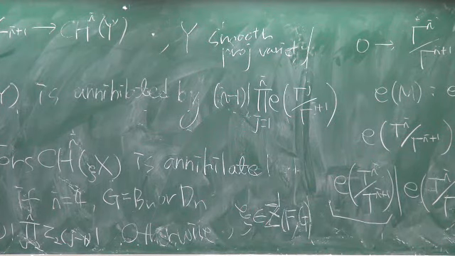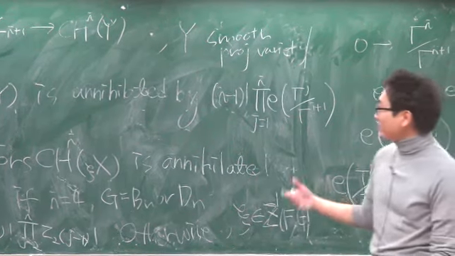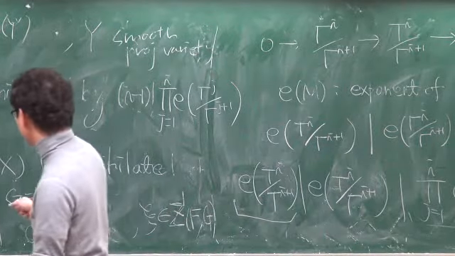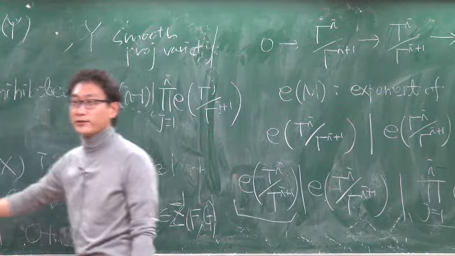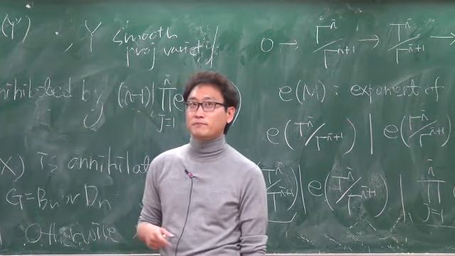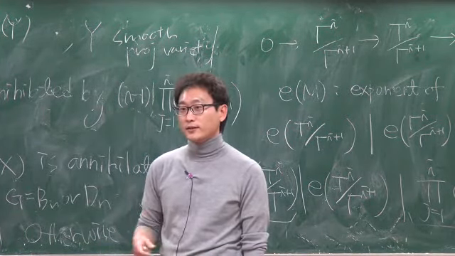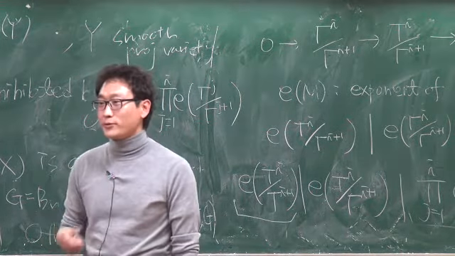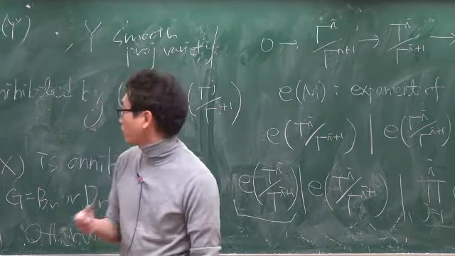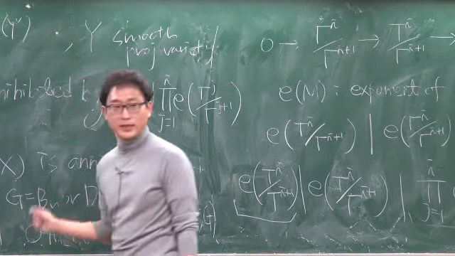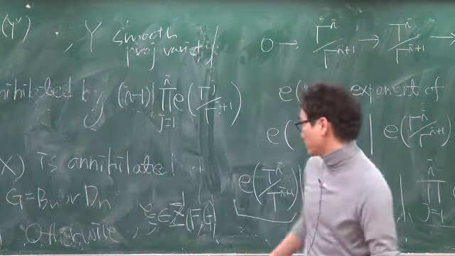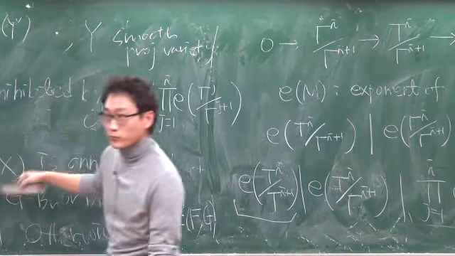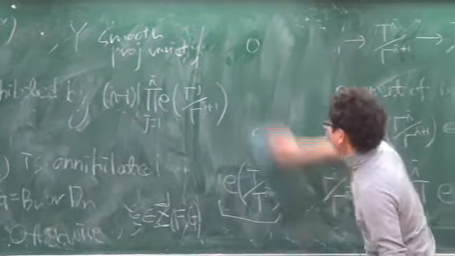It will be interesting to compare this annihilator with the torsion index. Totaro completed the computation of the torsion index of all groups of type Bn and Dn, and the torsion index annihilates this Chow group.